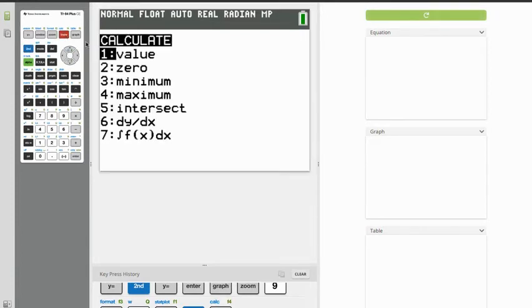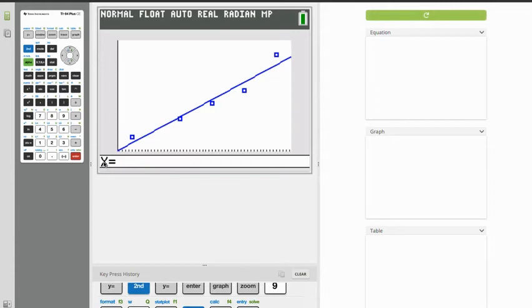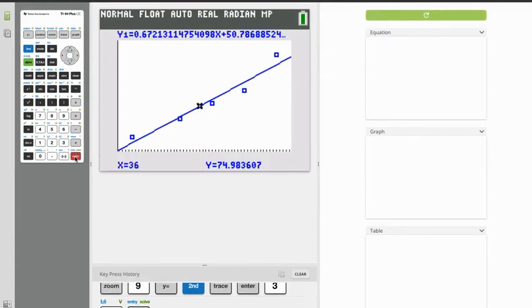So to calculate a value, I went second trace, and we want to know what Y is when X is 36. So our prediction, if we spend 36 minutes on class, our grade will be a 74.98 as a percent.